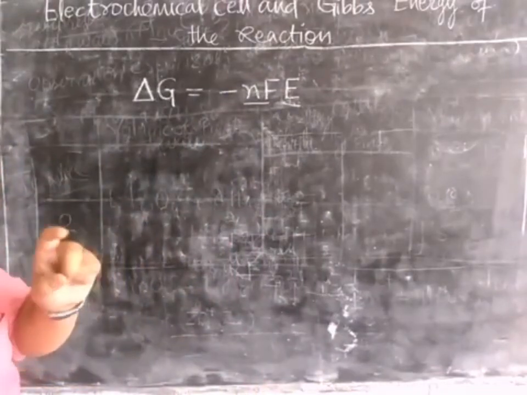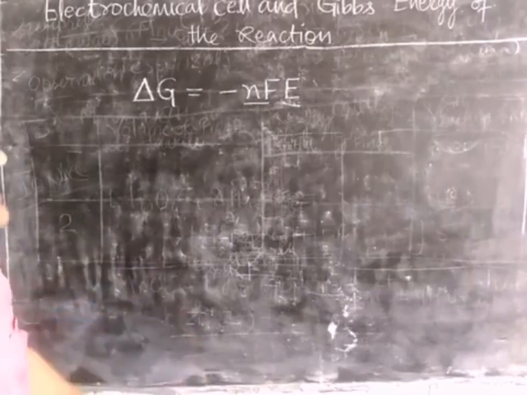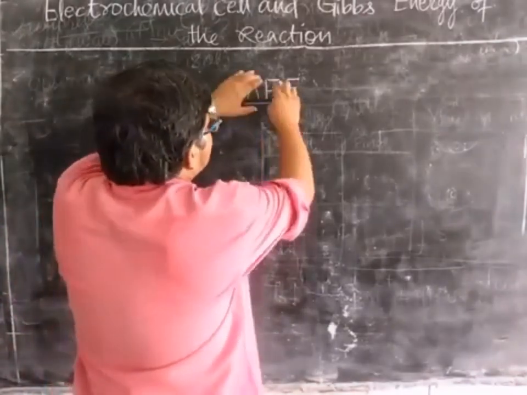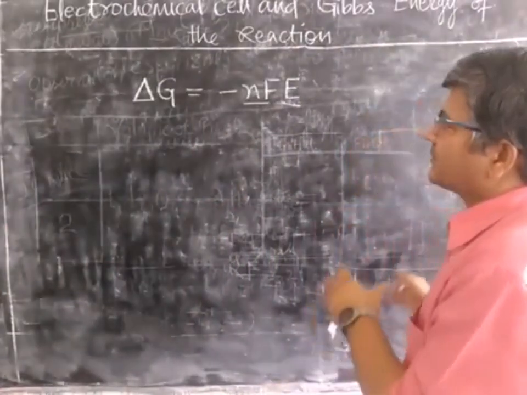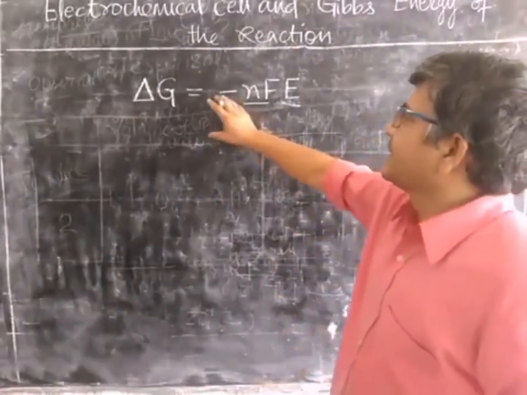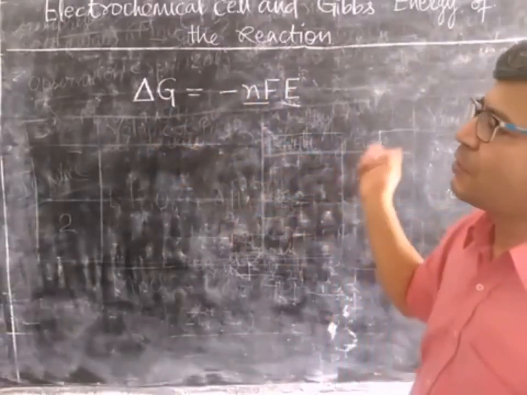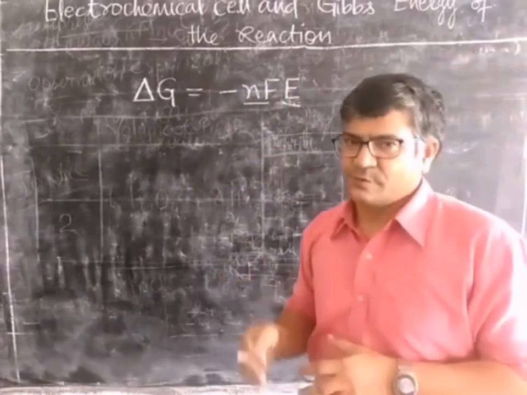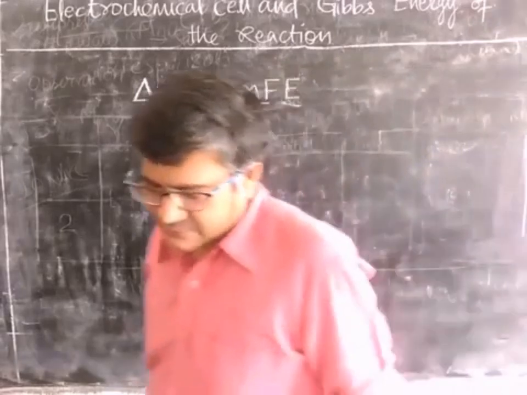If we want to obtain maximum work from a galvanic cell, then charge has to be passed reversibly. So what happens if we are passing the charge in the opposite direction? In that case, the overall result will be negative and the reaction will keep on going. So it has to be kept clearly in your mind. So this is the equation for the electrochemical cell and Gibbs energy.